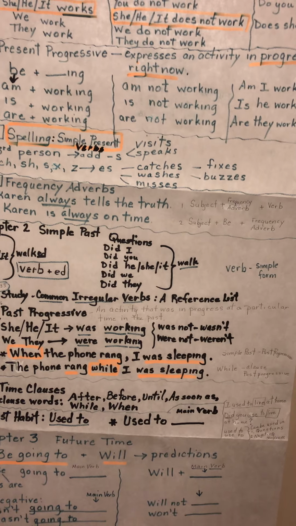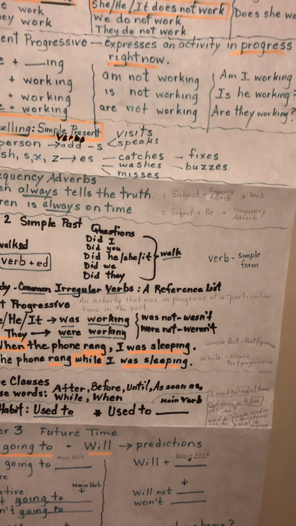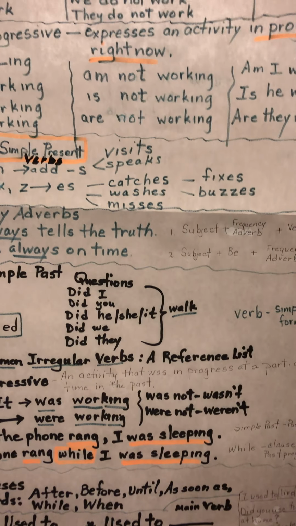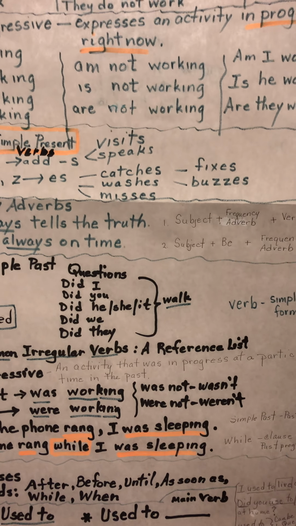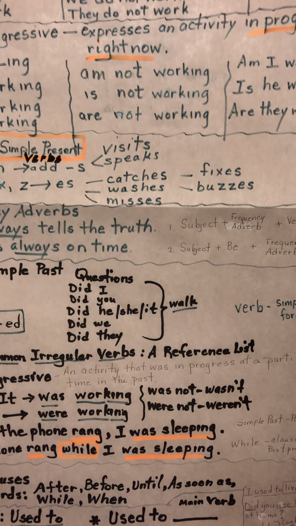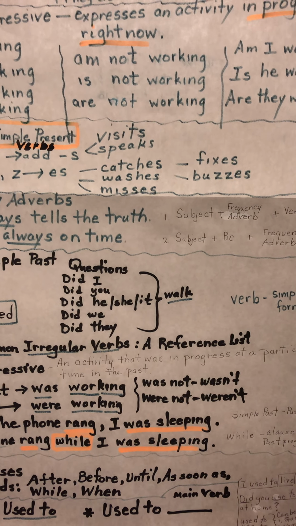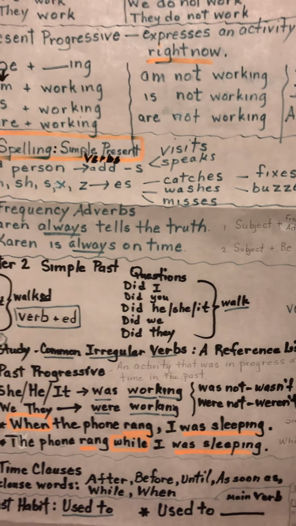In questions with the simple past, you start with did. And remember that we talked about whenever we use did, the verb is always in simple form. Did I walk? Did you walk? Did she walk? Did we walk? Did they walk? Okay?